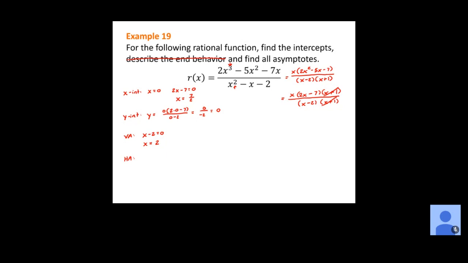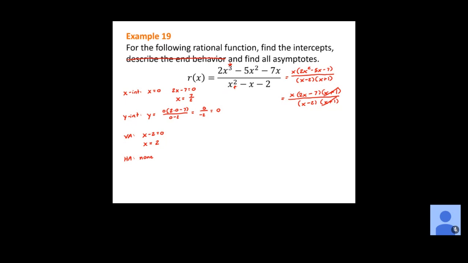If the degree in the numerator is bigger than the degree in the denominator, like it is here, what does that tell us about horizontal asymptotes? Okay, that's right. There's not going to be a horizontal asymptote, and we're going to have to look for a slant asymptote instead.